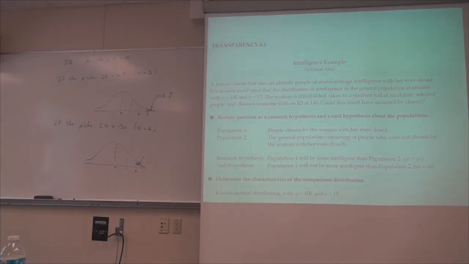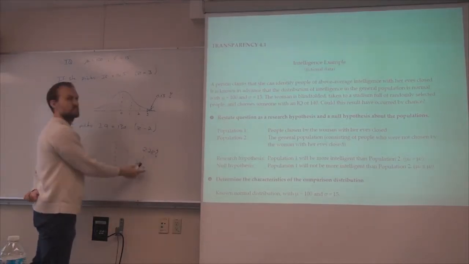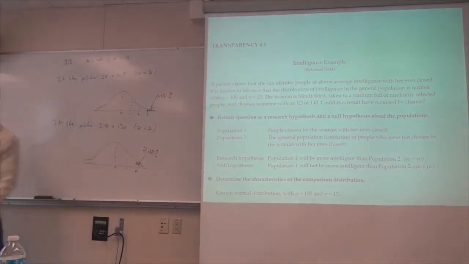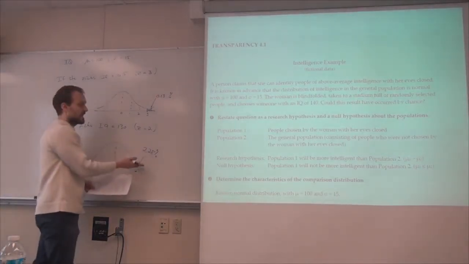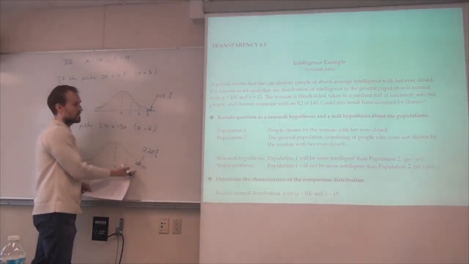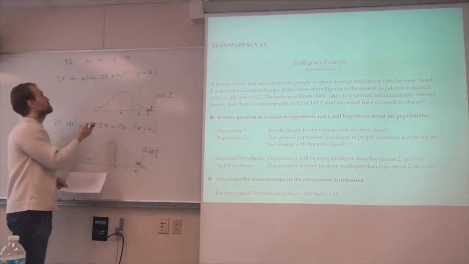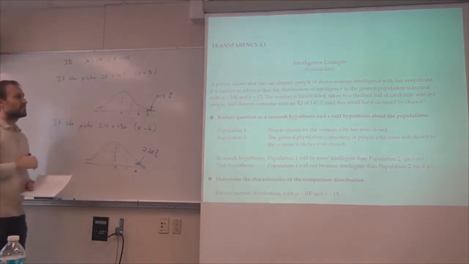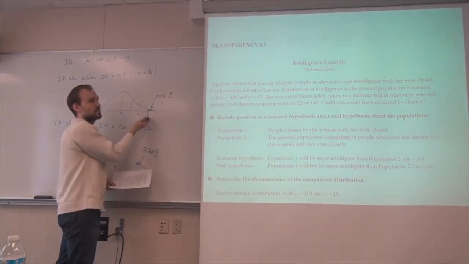Is that right? 2.28%. Remember, my estimate was 2%. So the exact number is 2.28. So there's only roughly a 2% chance of getting this IQ value or better, whereas if she picked someone with an IQ of 145, there was really only a 0.13% chance of that happening, or better.